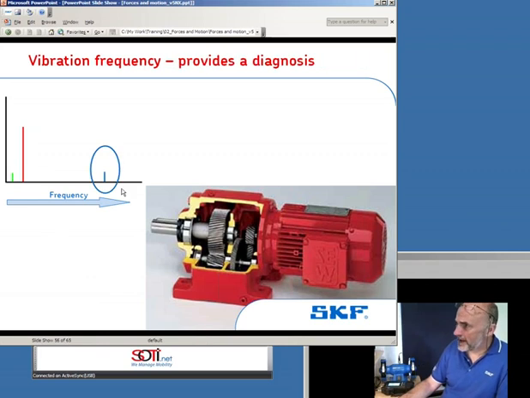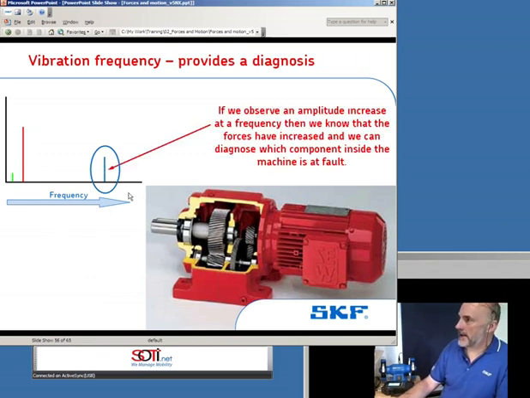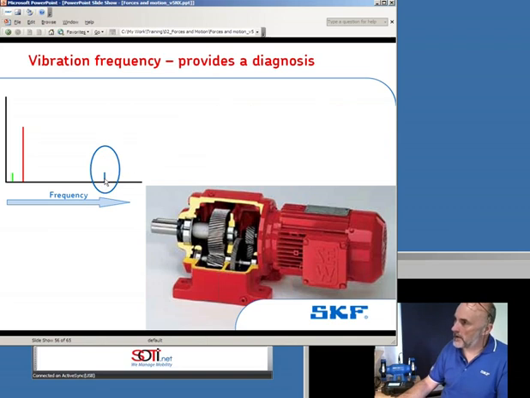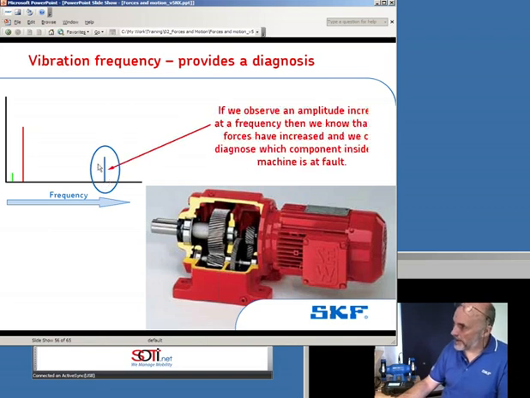And the general idea is that if there's something going wrong with the gears, for example, if they're wearing, there will be higher forces equals higher vibration, and we should see that peak growing with time in our spectrum. So the fundamentals of diagnostics is to understand what's inside your machine and look for the corresponding frequencies in your frequency spectrum.